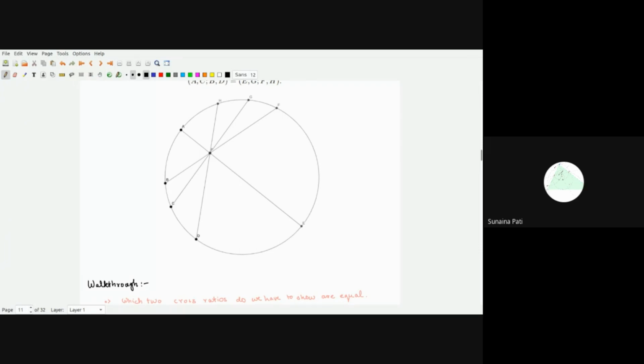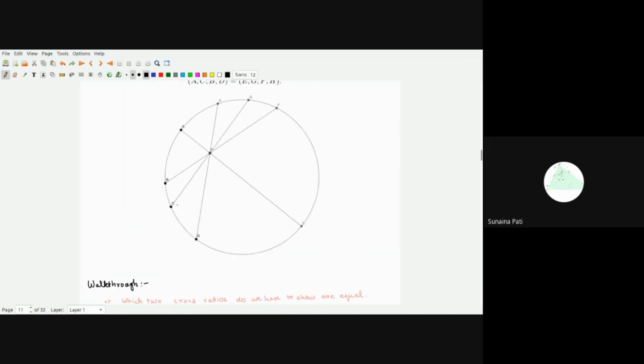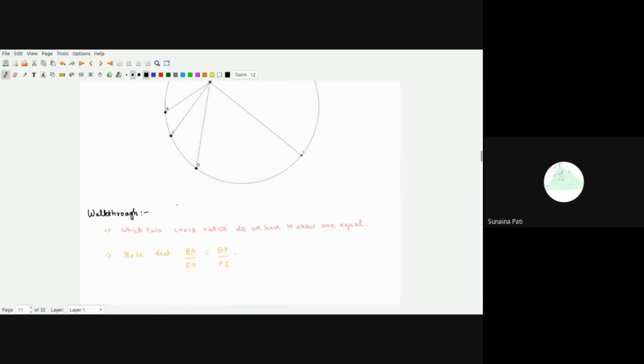So the hint I gave was BA by EF equal to BP by BE. What's this theorem?